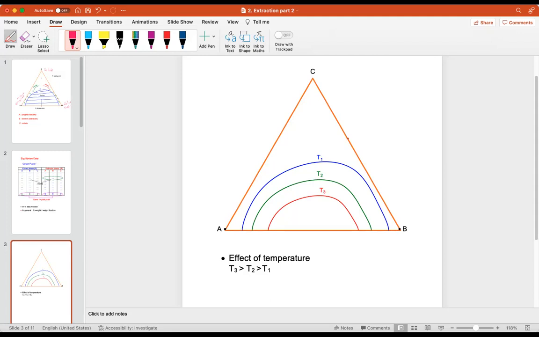So we use the extraction at as low a temperature as possible, and also in order to reduce the solvent, so the solvent doesn't evaporate as well. Similar to absorption, in extraction we use a lower temperature.